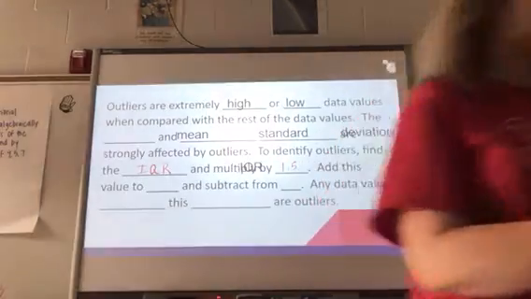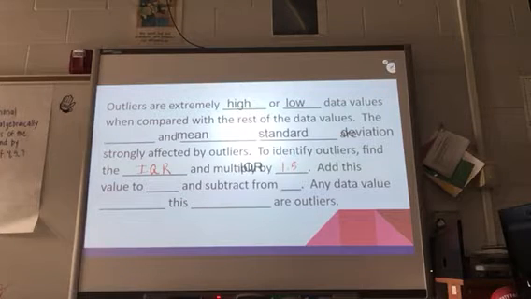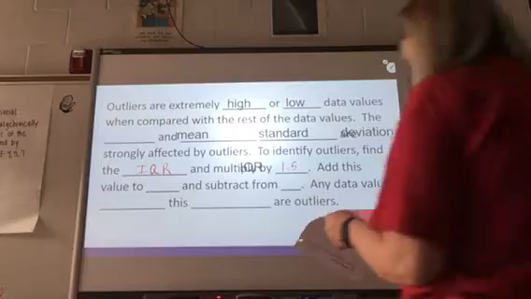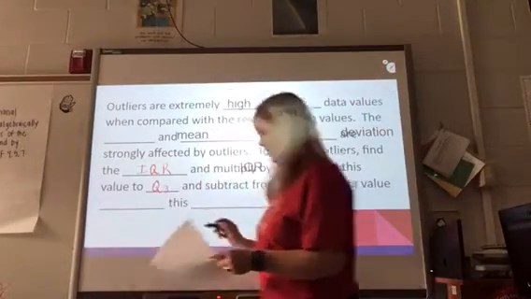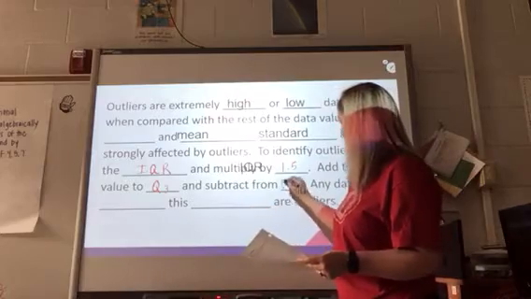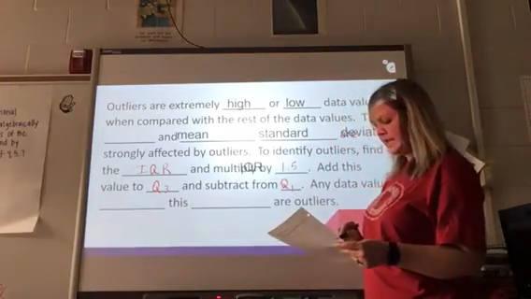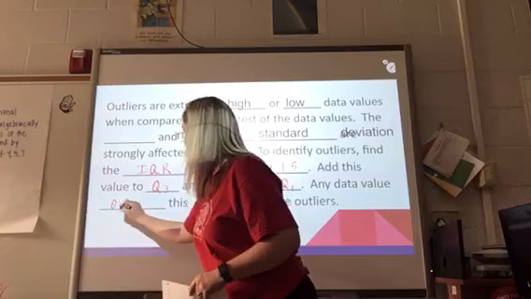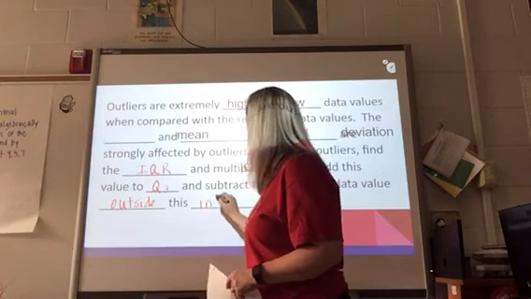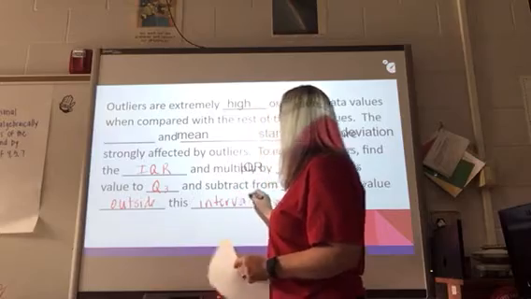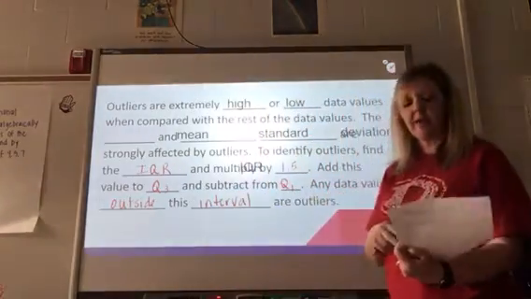We're going to add this value to Q sub 3 and subtract it from Q sub 1. Any data value outside this interval is called an outlier.